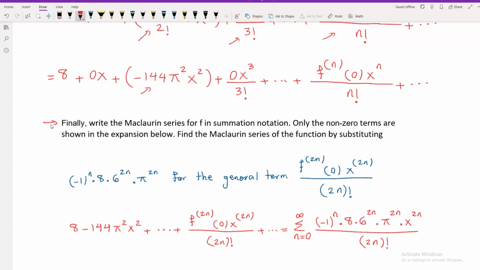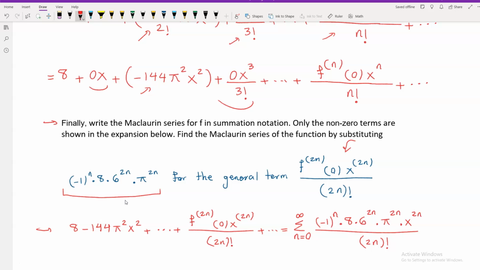So find the Maclaurin series of the function by substituting this part for the general term, which is in this form. So we're going to have 8 minus, so this part is 0, this part is 0. We're going to have 8 minus 144 times pi squared times x squared plus dots plus even derivative multiplied by x power 2 times n divided by 2 times n factorial plus dots.